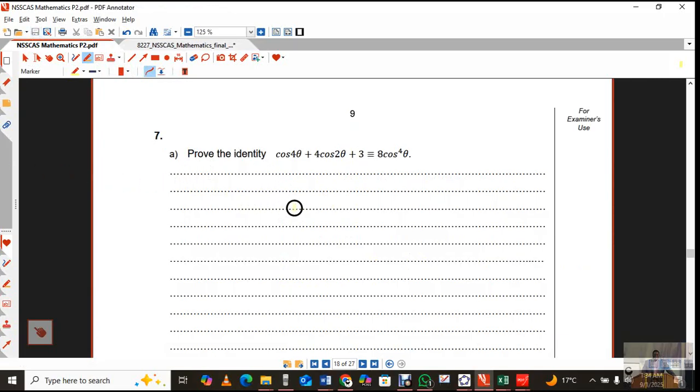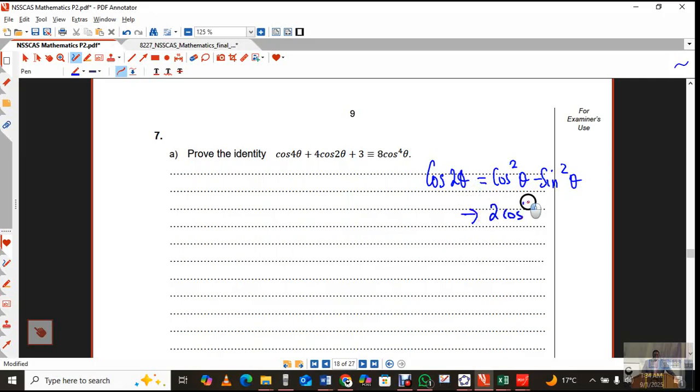Right, so what is it that we are going to look at? I'm going to do stuff on the side because I have done it before. I'm going to look at cos of 2 theta, which I know is cos square theta minus sine square theta. This is also 2 cos square theta minus 1.